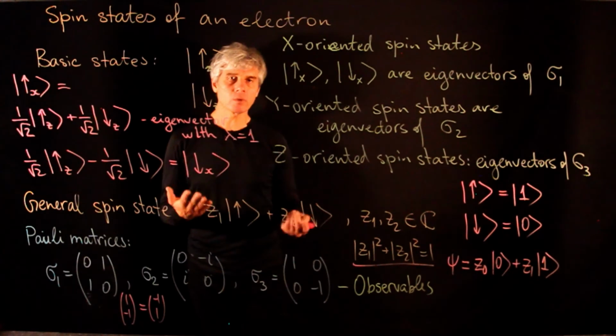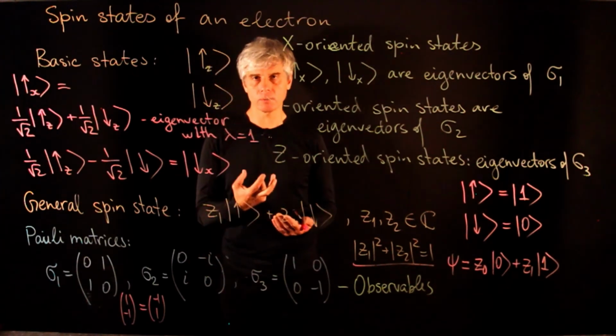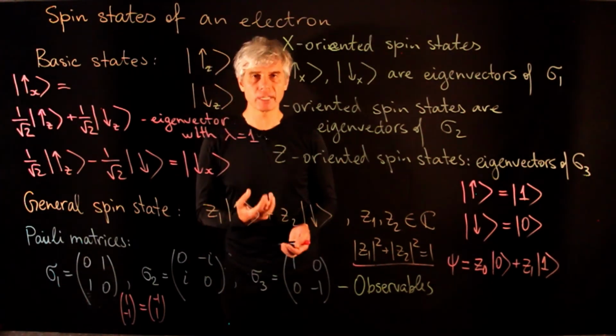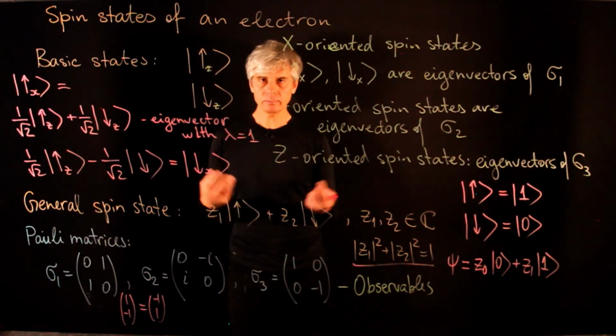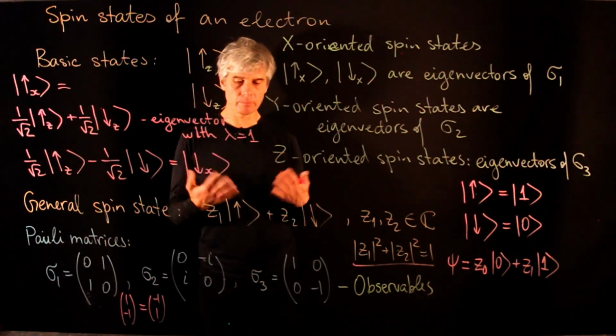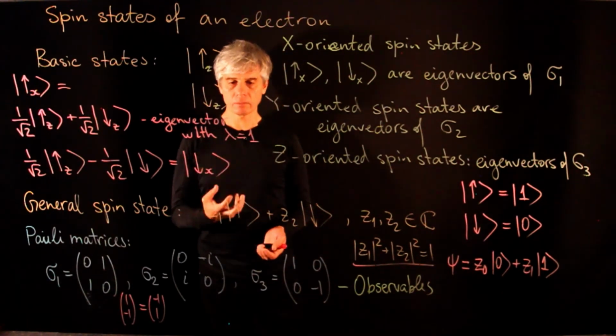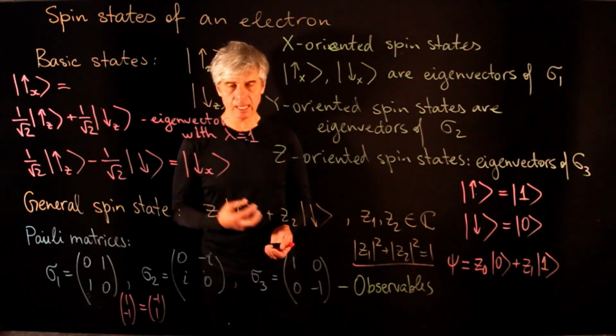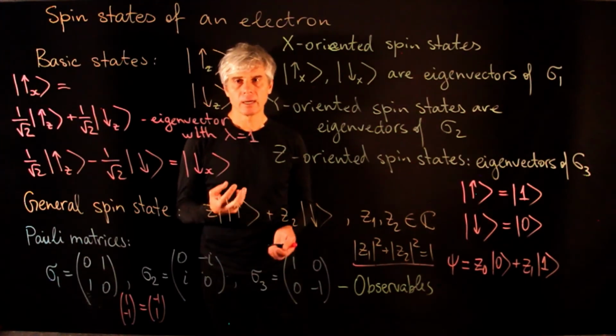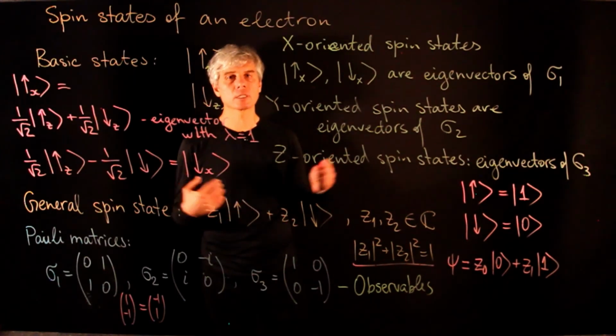But now if we take the nucleus of an atom, which has multiple protons and neutrons sitting inside, then it turns out that spin states of a nucleus have a larger spectrum.